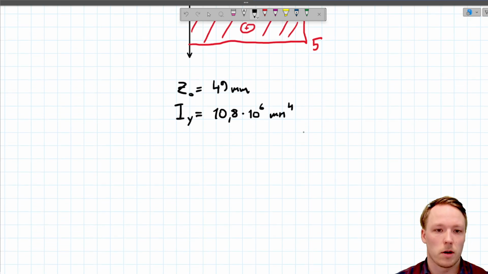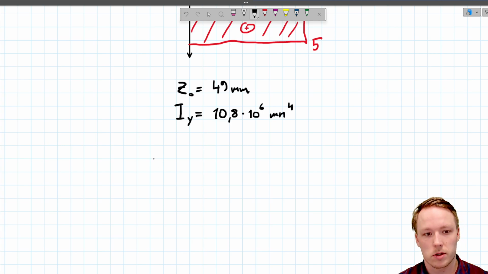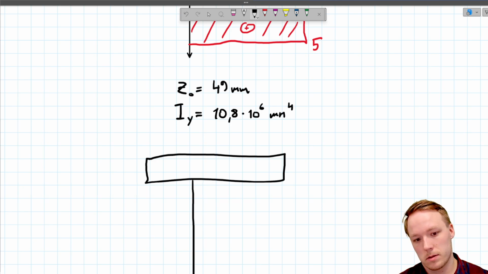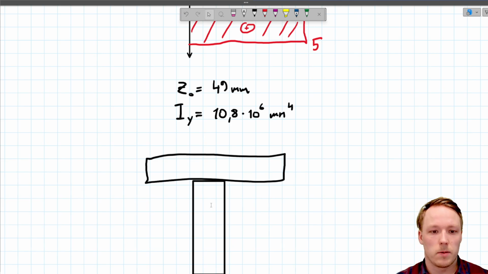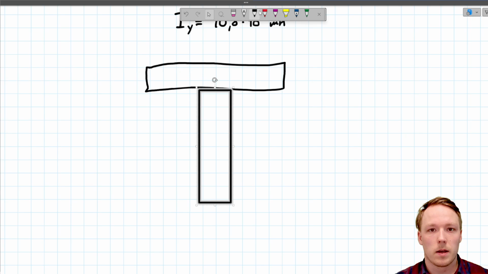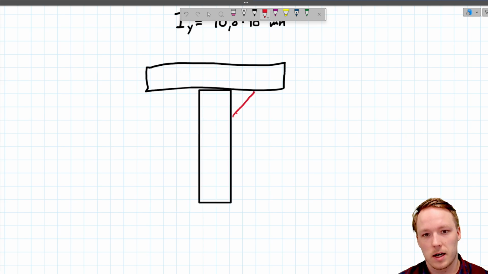So now when we have solved that, let's draw the cross section here so we understand where the shear will happen in this profile. So we have this hat here, and then we have this part of the profile. And if we draw here the welds, I'm going to exaggerate the size a bit.